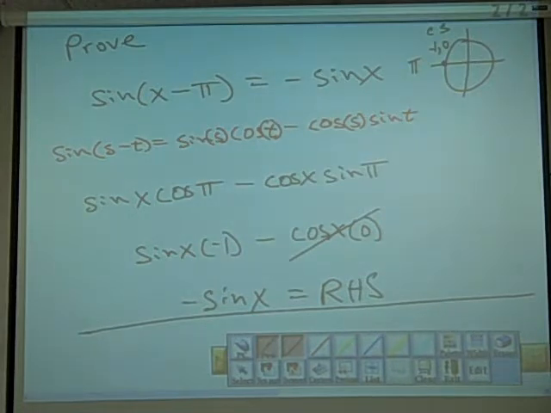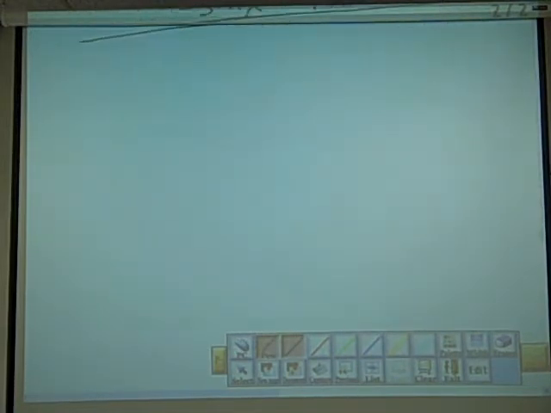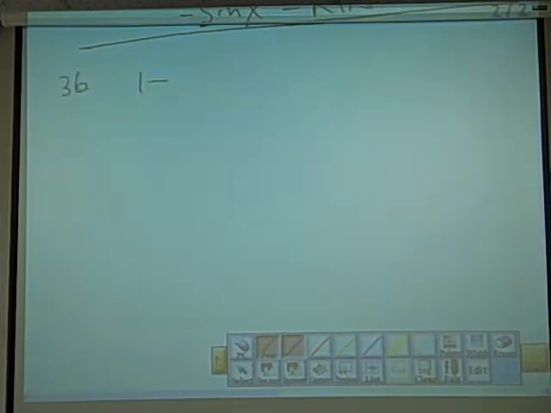Okay. And now on a problem similar, we're still proving identities. So if we have a problem such as number 36, we have 1 minus tangent x tangent y.